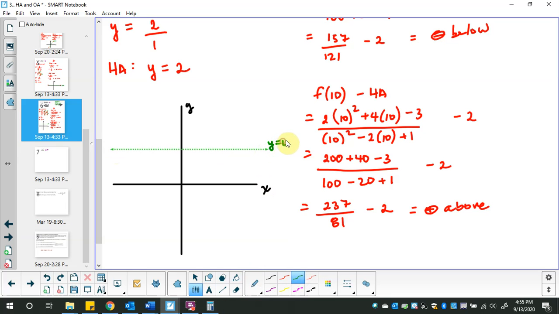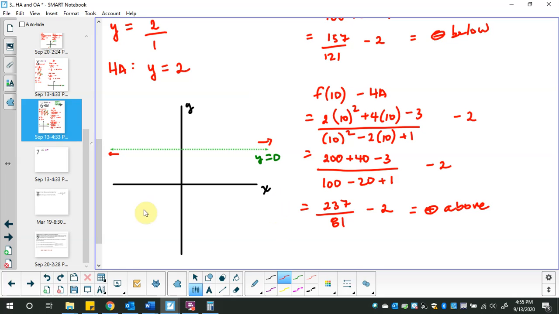So lines get drawn with rulers and everything gets labeled. So on the left, which I did first, it's below. So I put my tiny little arrow below. And on the right, it's above. So because I have the luxury of doing this, I'll put it above. And that's what I expect you to be able to do with horizontal and oblique asymptotes. Put on those arrows.